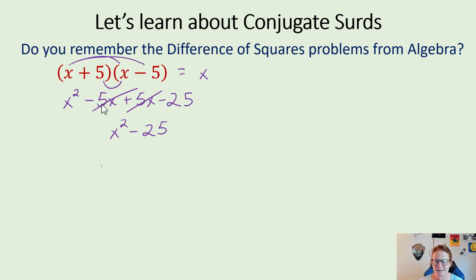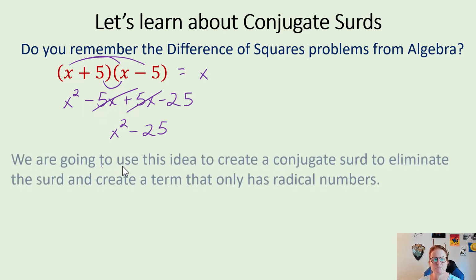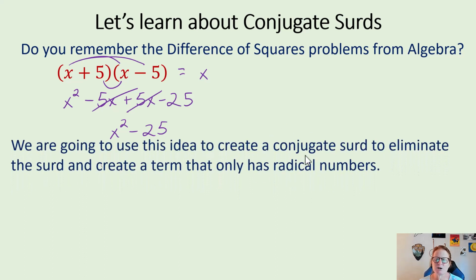But the key to this lesson right now, all I want you to understand is when we do this, these middle terms cross out. Why are we going to do that? So we're going to use this idea to create a conjugate surd to eliminate the surd part and create a term that only has rational numbers, not radical numbers.